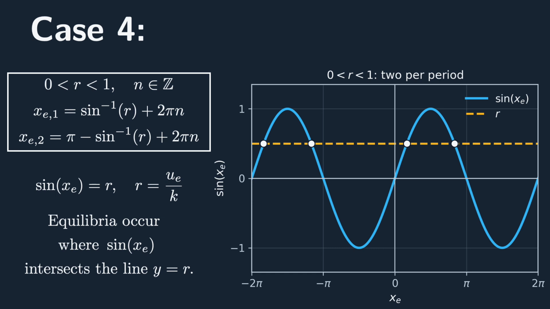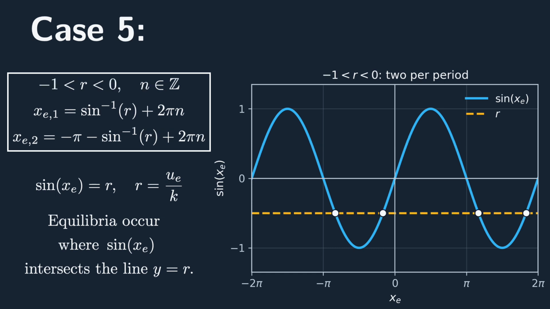The same sine value appears on the other side of the peak, so this solution is xe equals pi minus sine inverse r. To describe all repeating solutions, we add 2 pi n to each one. The full solution set consists of two families, xe equals sine inverse r plus 2 pi n, and xe equals pi minus sine inverse r plus 2 pi n, where n is an integer.